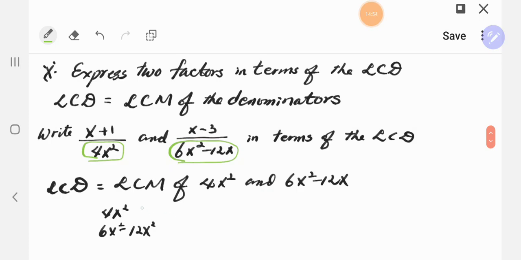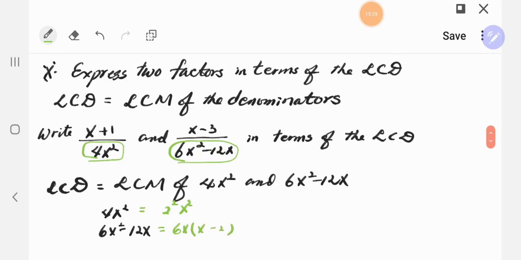So 4x squared is equal to 4 is 2 squared, x squared. And the next denominator, we can factor out 6x squared. This is just an x. So factor out 6, then 6x, then we have x minus 2.